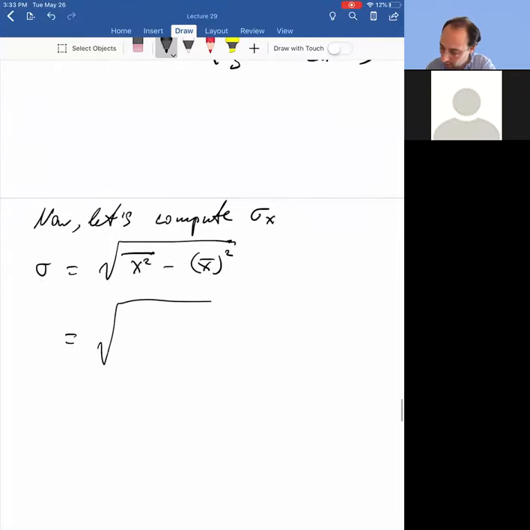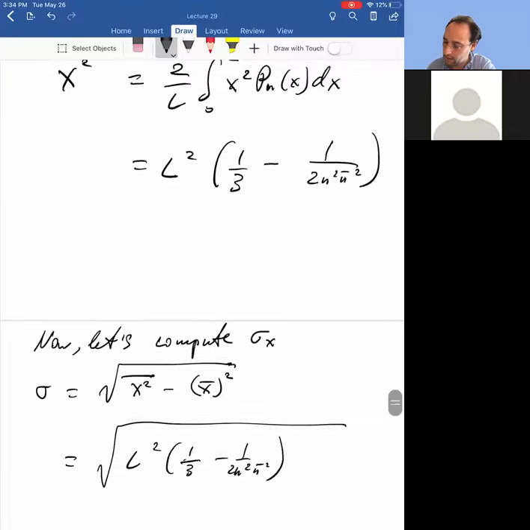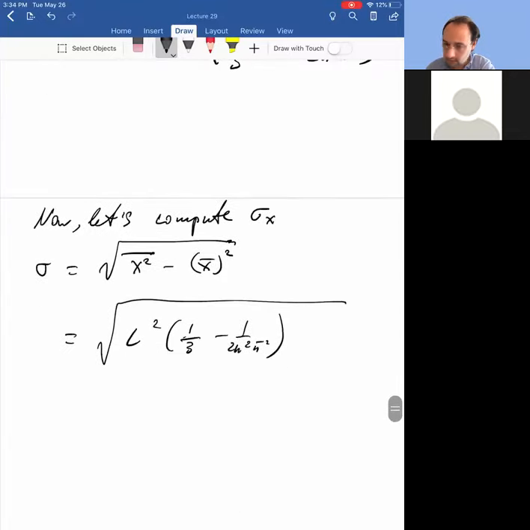Okay, square root of L squared times 1/3 minus 1 over 2 n squared pi squared. Right, so that's just taking this result, minus the square of the average, L squared over 4.